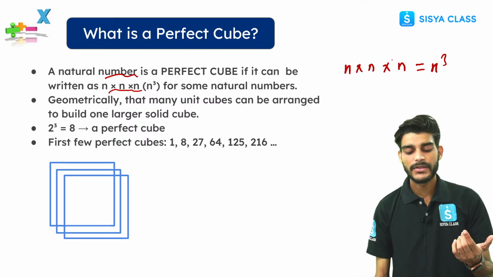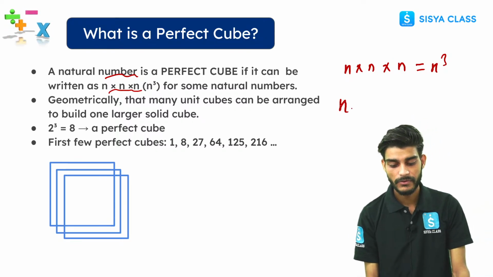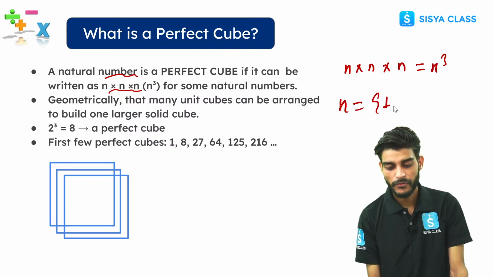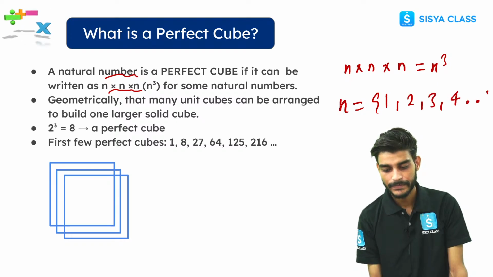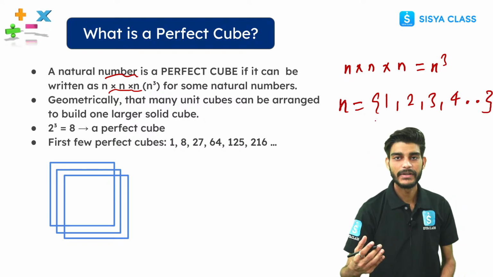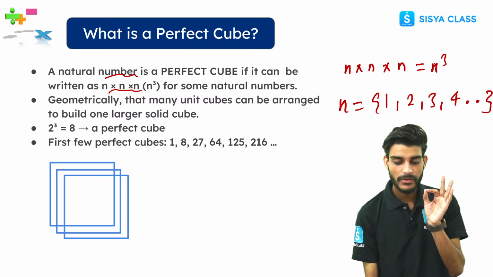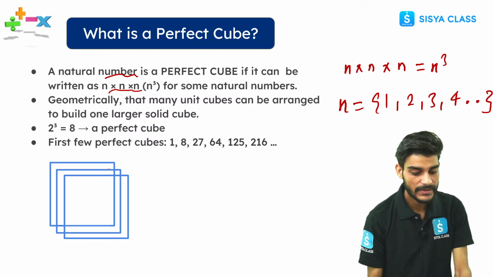You can take any natural number. Natural numbers are the counting numbers: 1, 2, 3, 4, 5 like that. So n cube here is a perfect cube. This is what a perfect cube means.